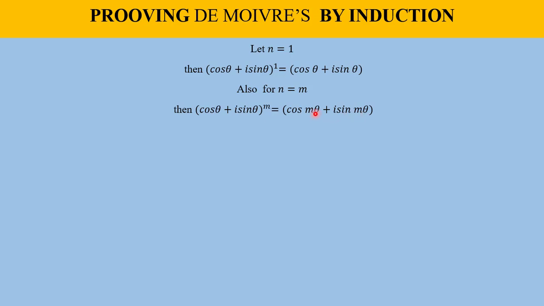And also for n is equal to m plus 1, we shall have (cos theta plus i sin theta) power m plus 1 will be equal to (cos theta plus i sin theta) power m, times (cos theta plus i sin theta) power 1.